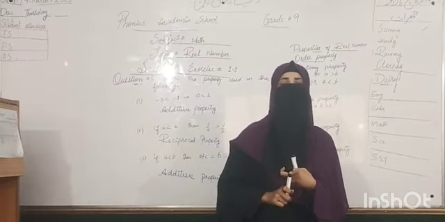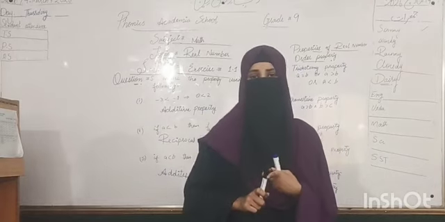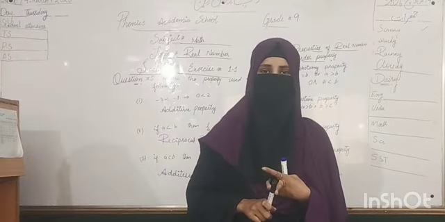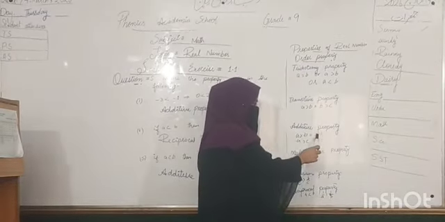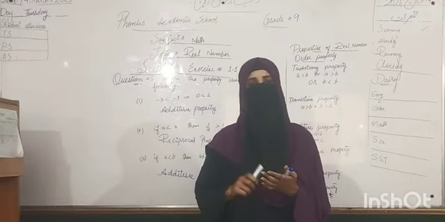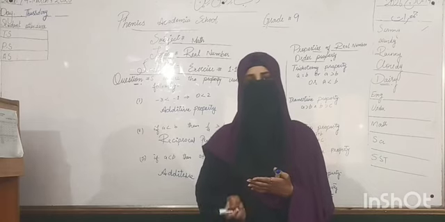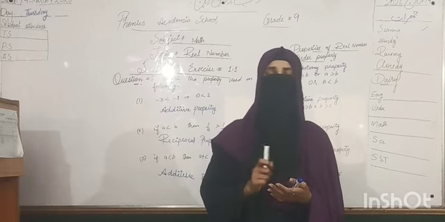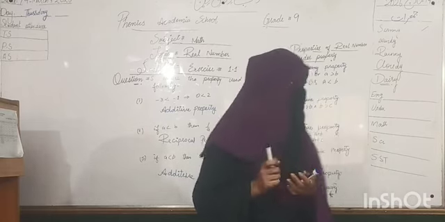When the terms are added, it is the additive property. When you have the properties with the sign of addition, they are added to each other. It is called the additive property.